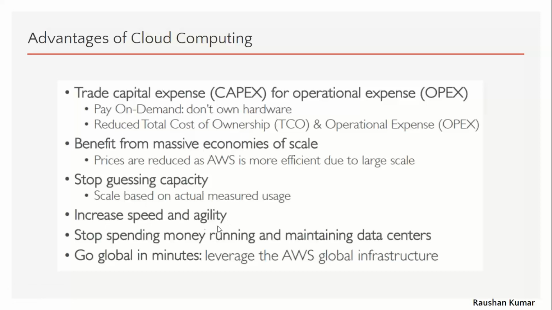Speed and agility. Stop spending money running and maintaining data centers. Yes, because they are doing it for you. That's their business. And how AWS has evolved: Jeff Bezos was setting up one data center for his own website, Amazon.com.